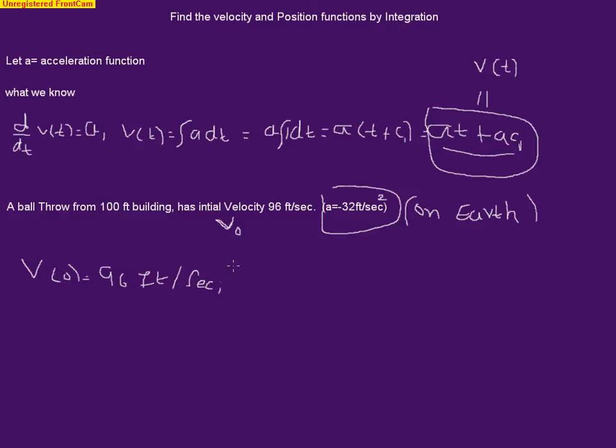So v0 can also equal, just plug in 0 for variable t, so we get 0 plus a c1. So v0 is equal to this right here, and v0 is also equal to that right there. So since this equals this, and that equals that, this equals that.